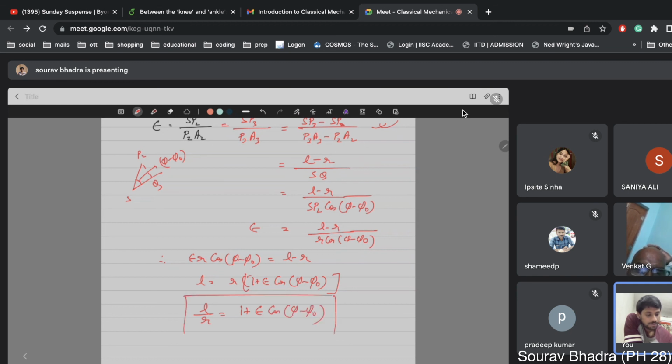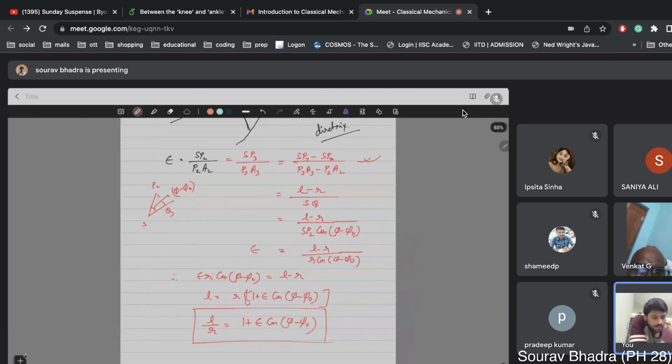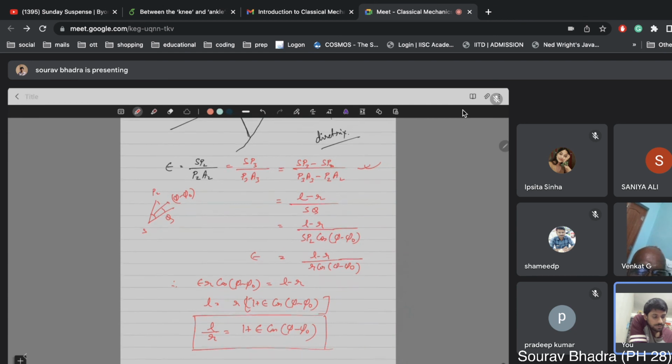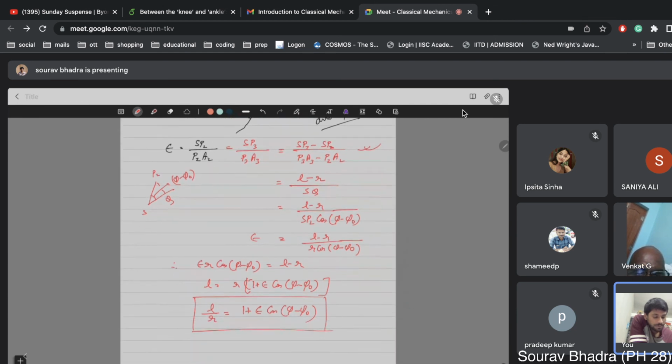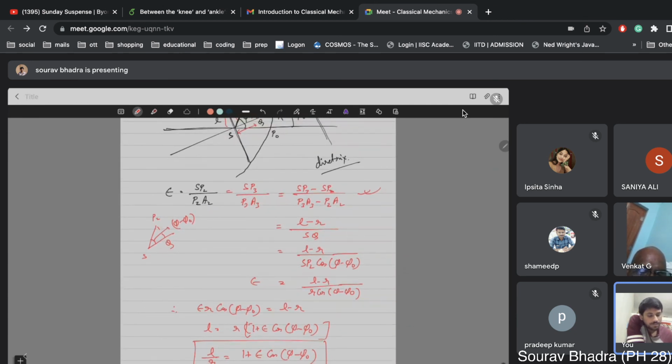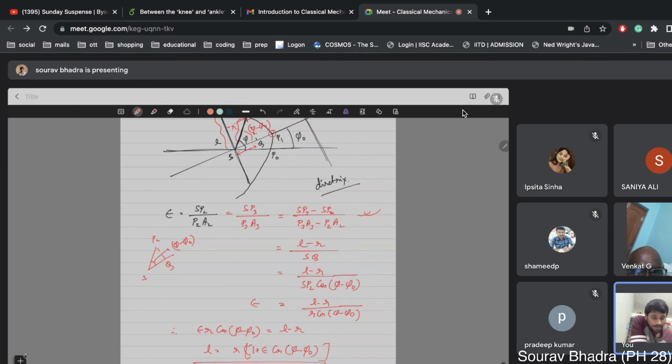Okay, so this is a very important equation. We will use this repeatedly in our central force problem. So this tells you the equation of a conic section with a semi-latus rectum of length L.